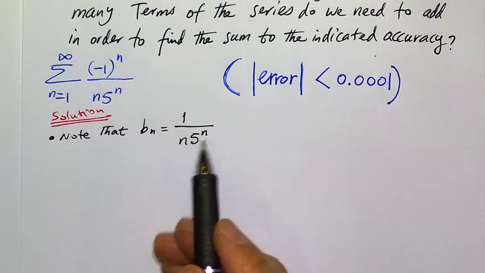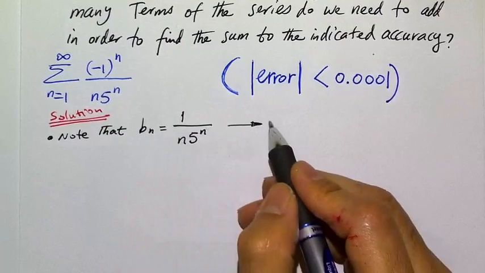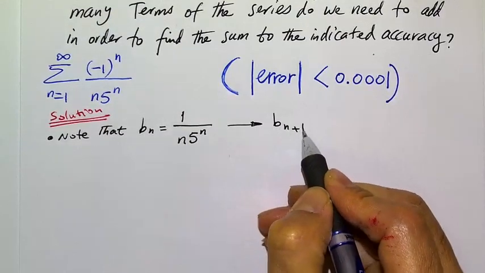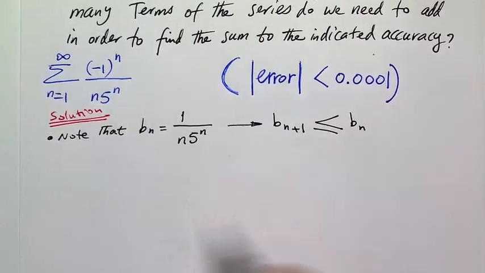So for sure, Bn plus 1 will always be less than or equal to Bn. So condition 1 is satisfied here.